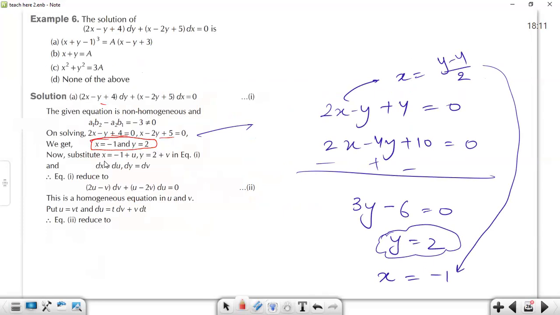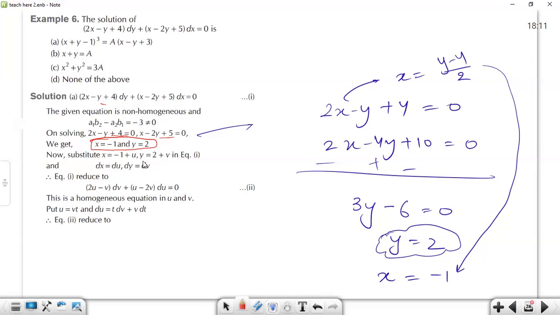Then they have considered x is equal to -1 plus u. They have not used h and k, they have used u and v. Doesn't matter. x is equal to -1 plus u, y is equal to 2 plus v.